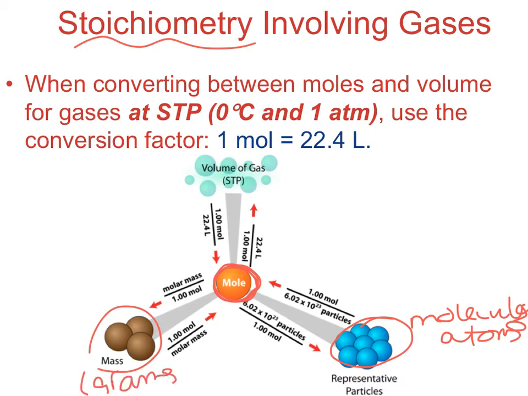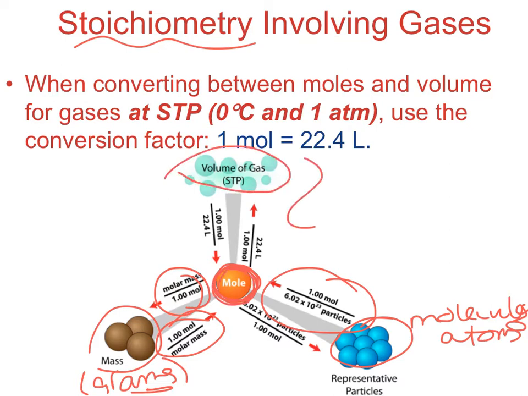Hopefully you remember that when we convert between moles and particles, we use Avogadro's number, 6.02 times 10 to the 23rd. When we convert back and forth between grams or mass, we use the molar mass of the substance from the periodic table. And what's new is we can now convert between moles of a substance to volume of the substance if and only if it's a gas.